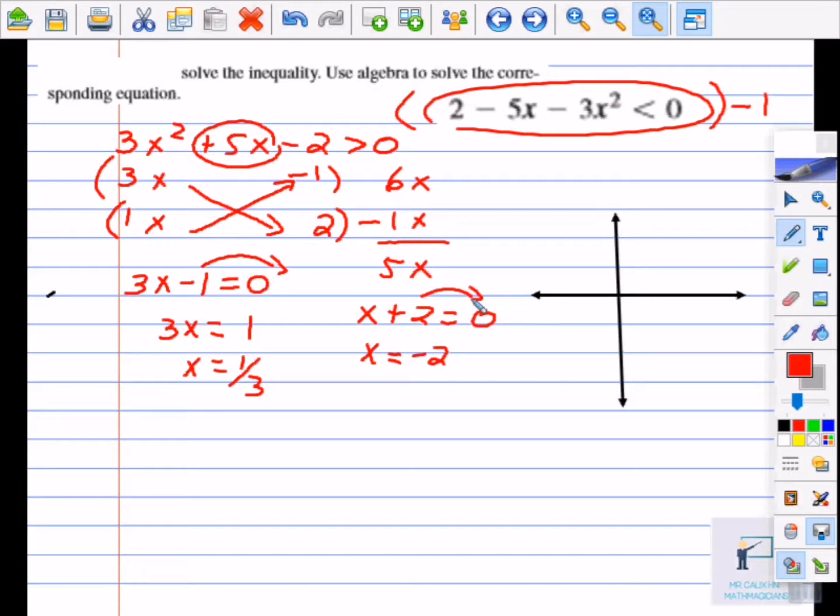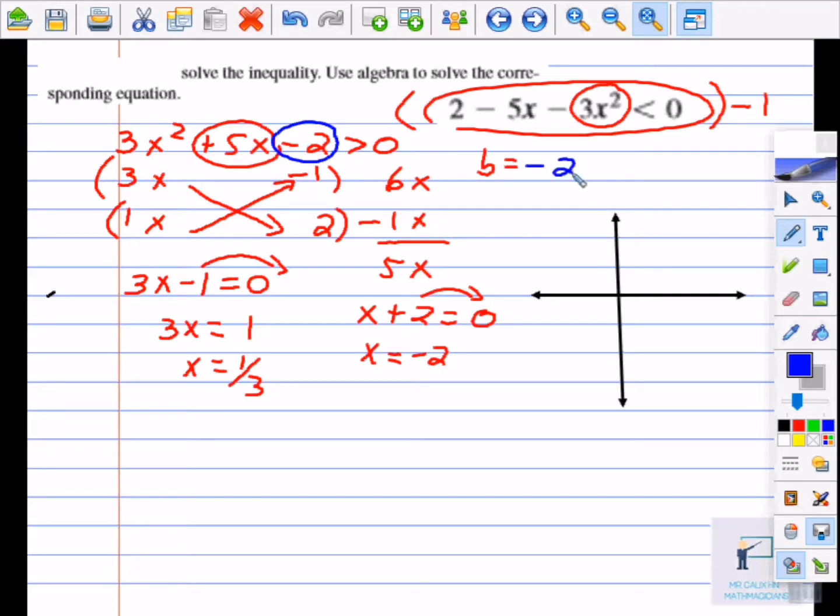Remember that this is a quadratic graph. It looks like a U. You need two values of x at least, and one value of y. In other words, your y-intercept that we represent as b. Which is the y-intercept? The y-intercept is the number that has no variable. In this case, the negative 2. That would be your y-intercept.